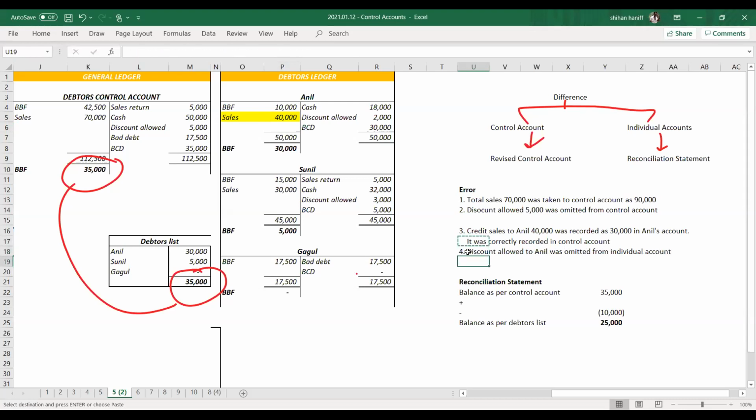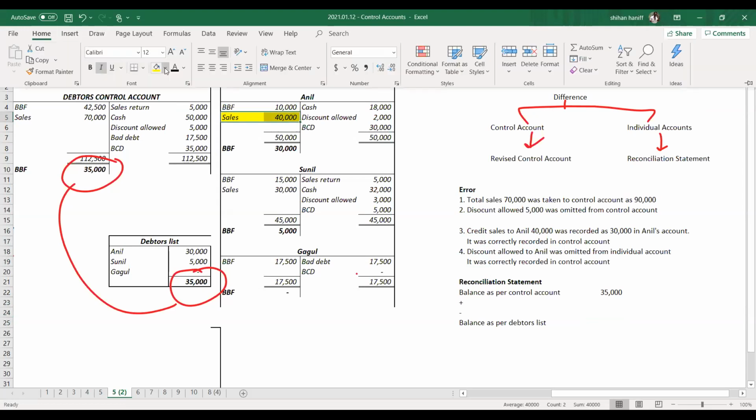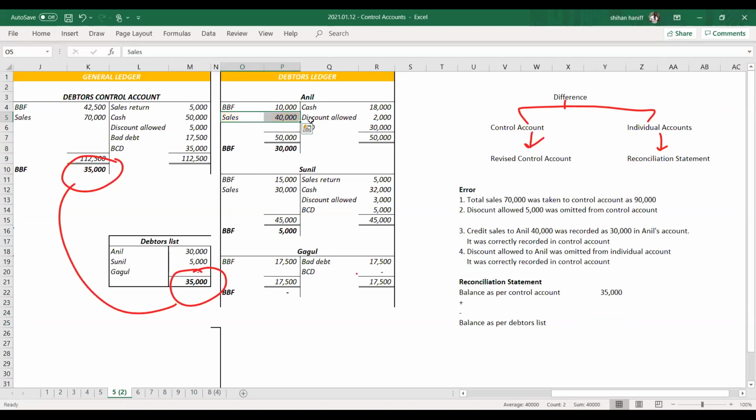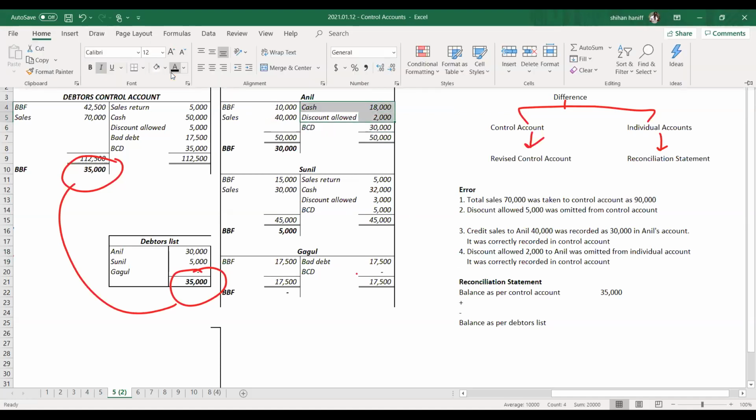It was correctly recorded in the control account. Discount allowed omitted. This is correct. 2,000 discount allowed. So if you don't record this, then what happens?